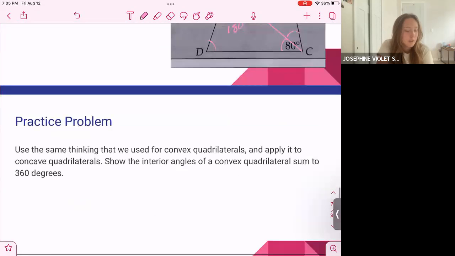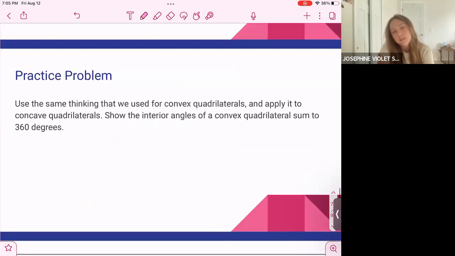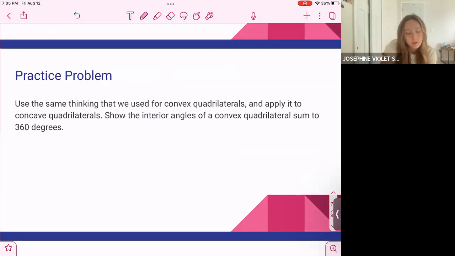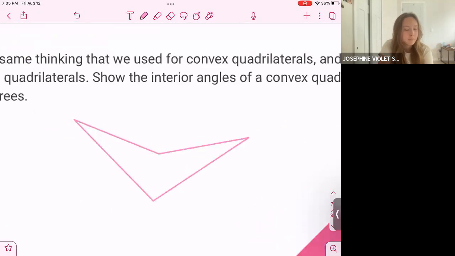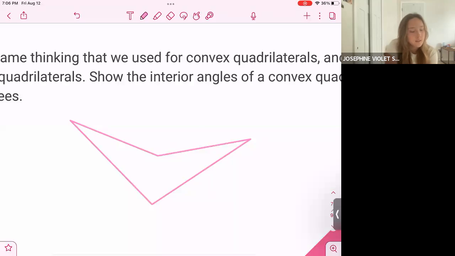I have a practice problem that says, use the same kind of strategy to prove that it would also work for a convex quadrilateral. Oh, it actually worked. I thought it was going to be a bad drawing, but let's label this A, B, C, D. Where do you think we could fit a couple triangles in, guys?